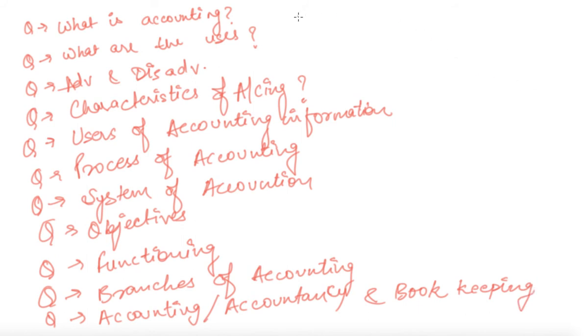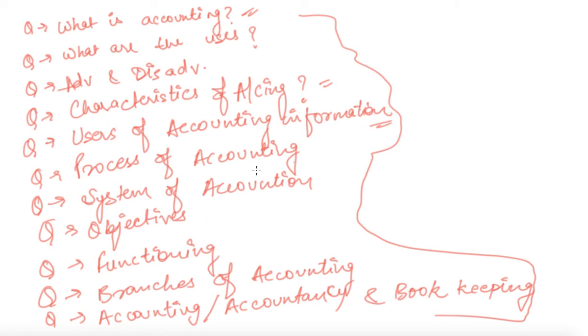These are the main questions which are required to be answered under this chapter, and very important questions are the meaning of accounting, because before knowing the meaning of accounting you can't study accounting. Characteristics of accounting, users of accounting information, objectives and functioning of accounting, and difference between accounting, accountancy, and bookkeeping.